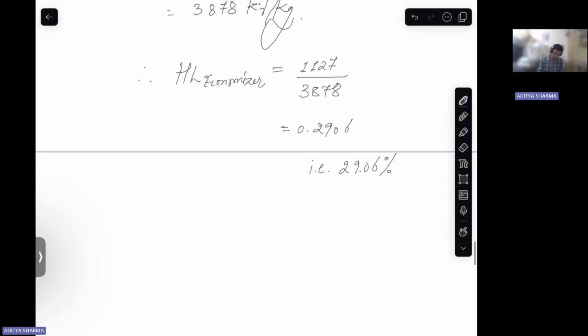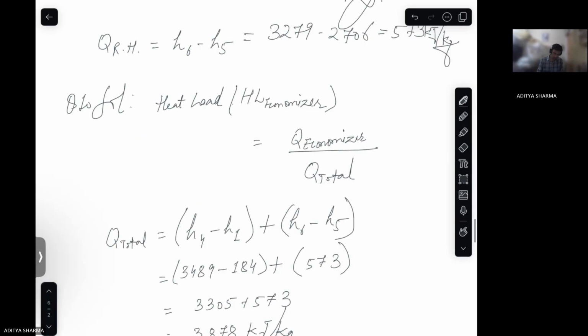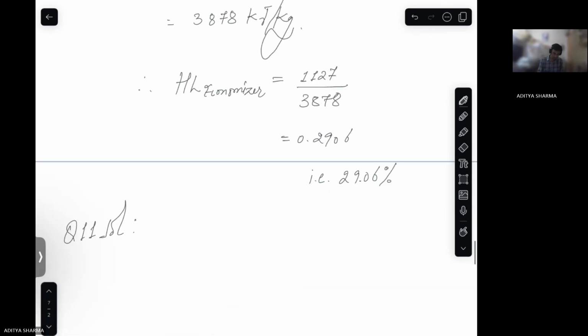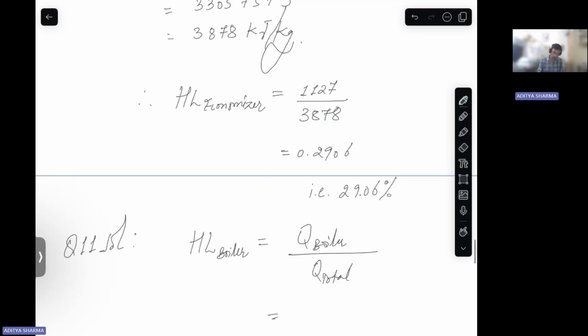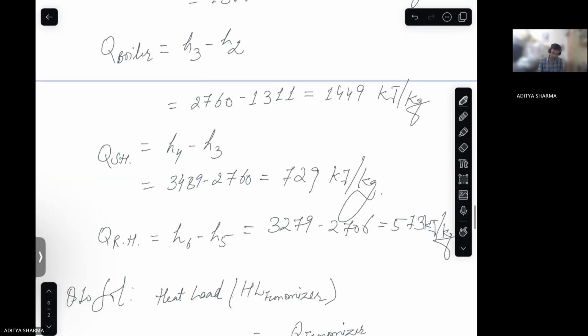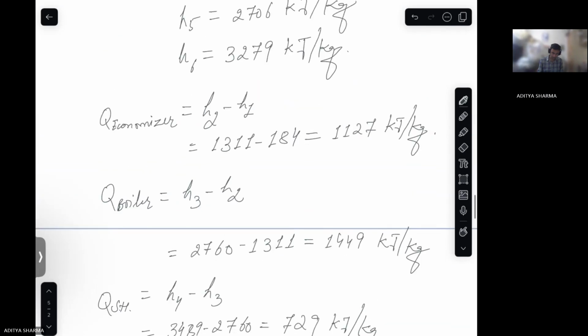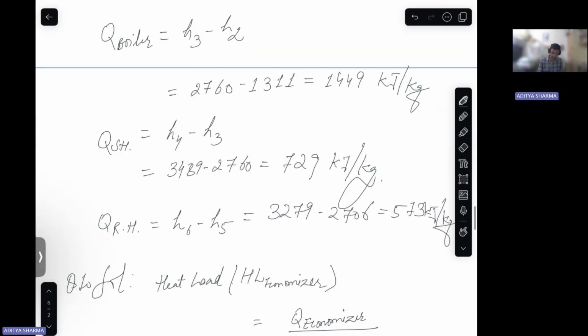So heat load in the boiler, question number 11, is Q in the boiler divided by Q total. Q for boiler is 1449.